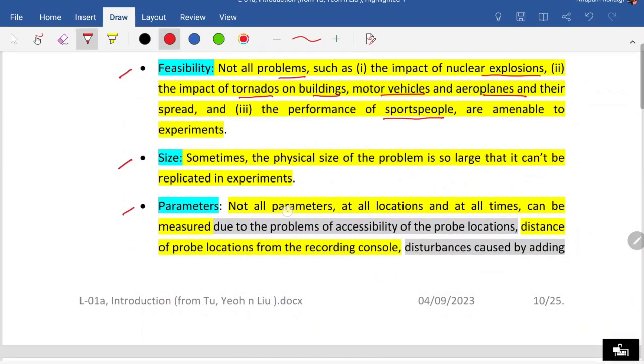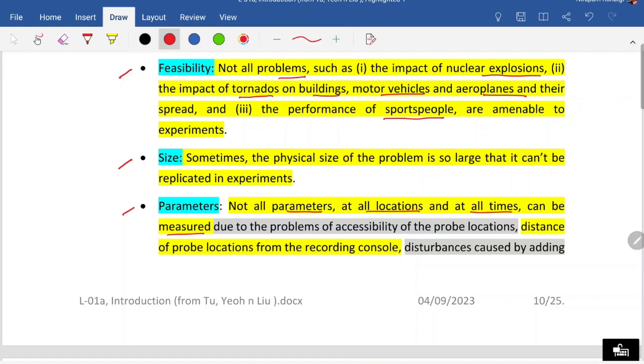Not all parameters at all locations at all times can be measured. For every parameter to be measured, you have to put a probe at the point where you want to measure it. But in a real life experiment, you may not be able to put a probe there. You may not have an adequate probe for that. Or the probe may be so bulky or so interfering that your experiment is affected.